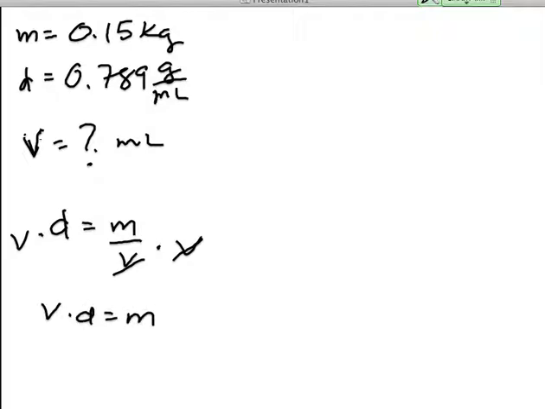Now I want to get volume all by itself. I divide each side by v. No, I don't do that. I wanted to divide by d. Yes, that would get it, otherwise I'd be back where I started. All right, so volume is equal to mass over density.